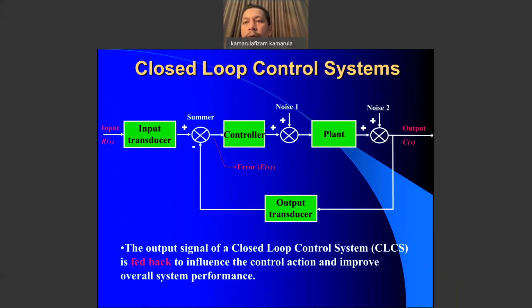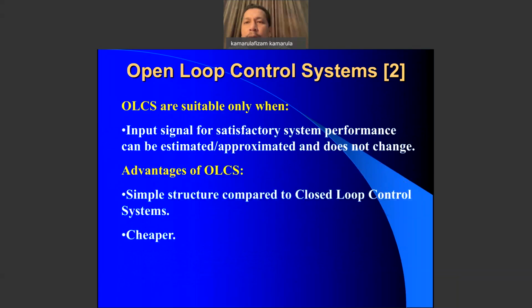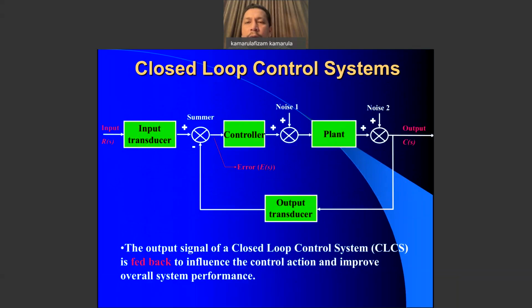If you look at the open loop system, you have the input going process after process, and you end in the output, and nothing is being taken back. If you look at this block diagram, yes, you have something going back. So this is the main characteristic of a closed loop system.